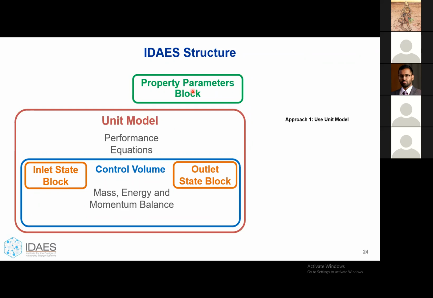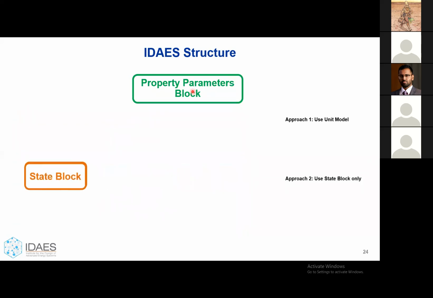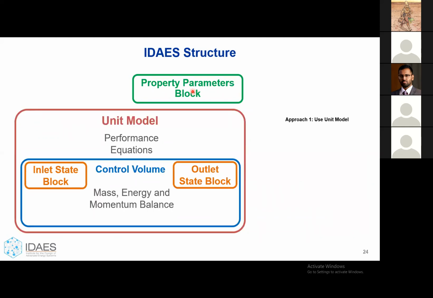There are 2 approaches to estimate parameters associated with a property package. One is to use it in conjunction with a unit model. But given the block hierarchical structure, and the advantages of IDAES being built using that block structure, you can also just use a state block in a flowsheet, attach a parameters block, and use that for your parameter estimation if you don't need a unit model.